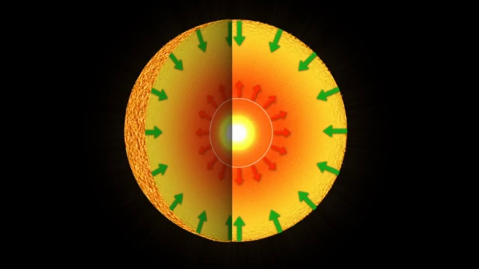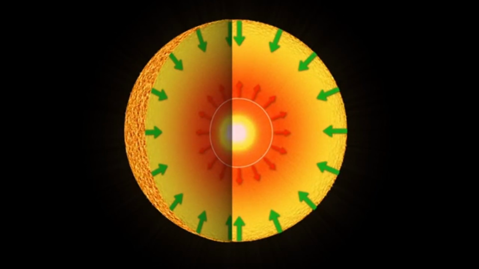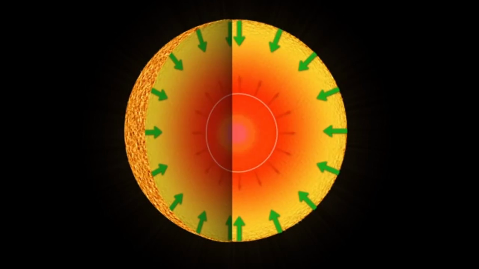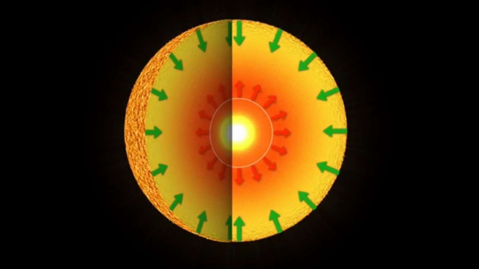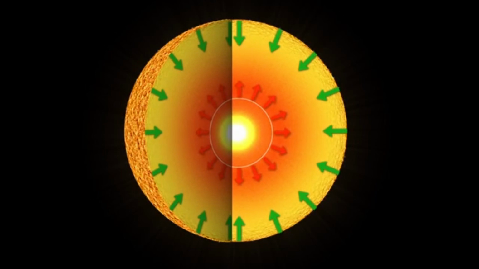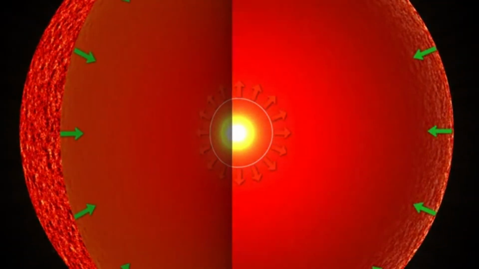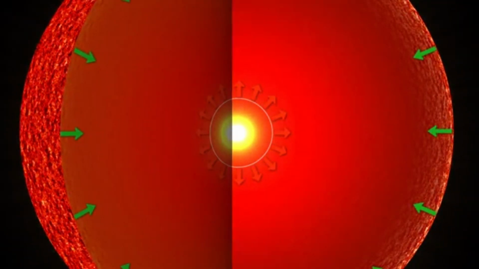Meanwhile, the helium core continues to contract, generating more heat and causing even more hydrogen to fuse. Stars actually generate more energy in this stage versus when they were on the main sequence, which is why they become more luminous. This energy flows outwards, causing the star to expand even more, hence becoming cooler but still more luminous.